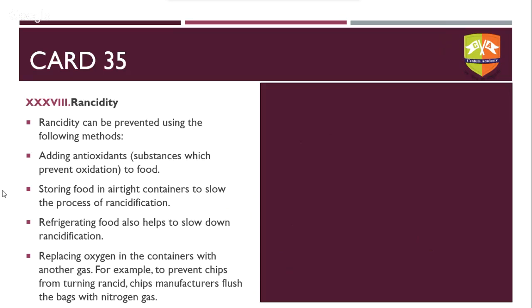So you put them in airtight containers, and this avoids the process. It may not completely avoid, but it slows down the process of rancidification.